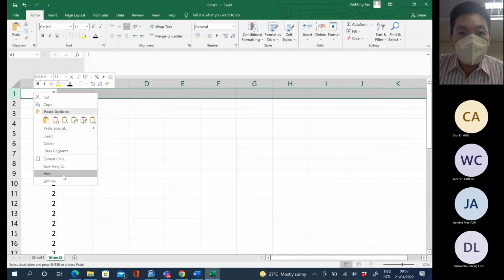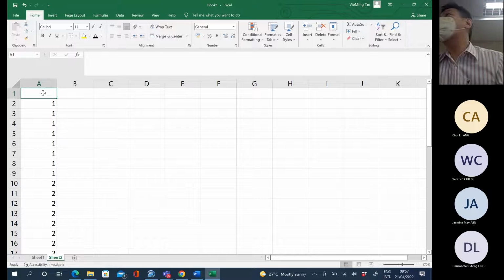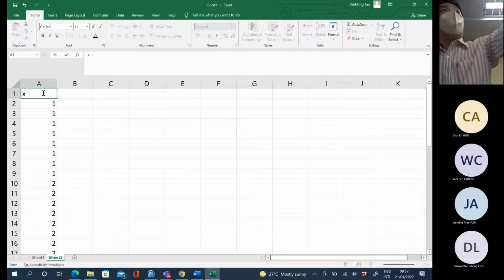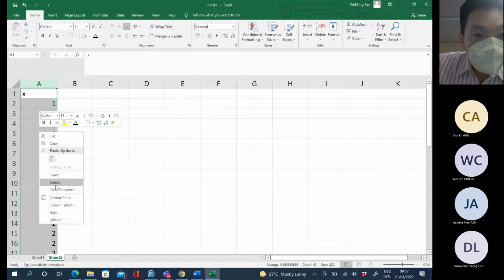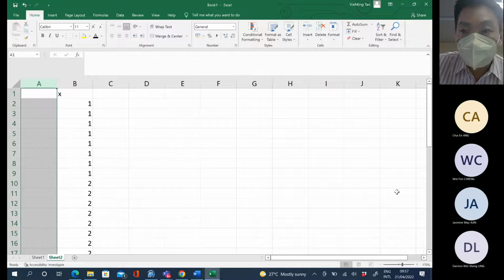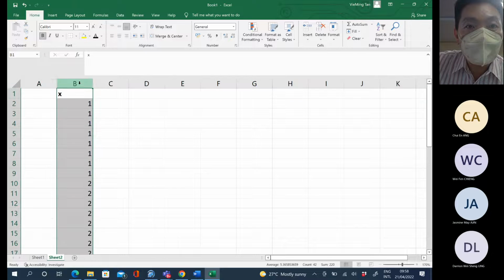I add one more row here, insert one more row, and this row is called X. All these 41 data are called X. I add one more column here, bold it, and center it.